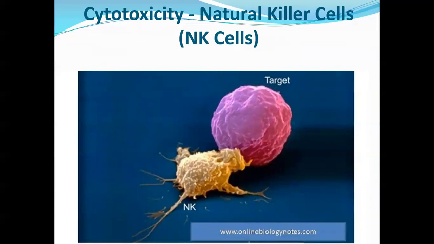So finally, I'll talk about these natural killer cells. This is an electron micrograph of a natural killer cell, which you can see is quite small in relation to a tumor cell, where the natural killer cell has attached to the tumor cell.